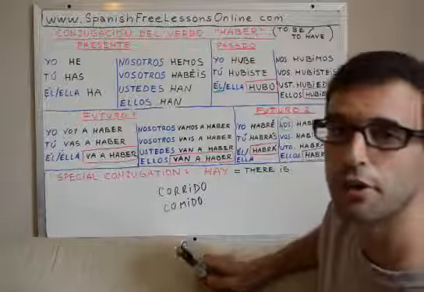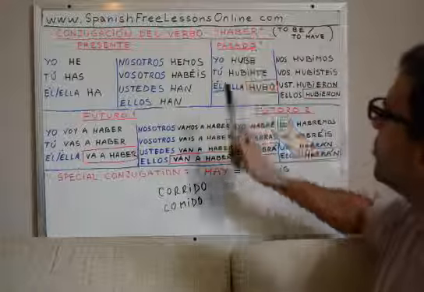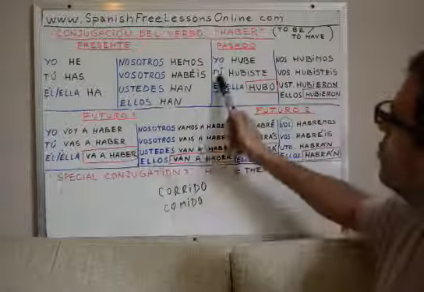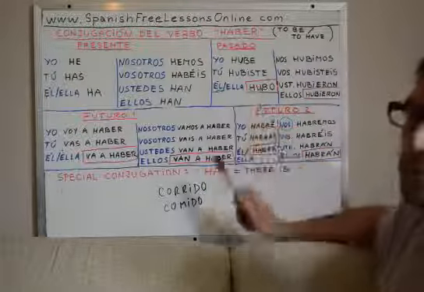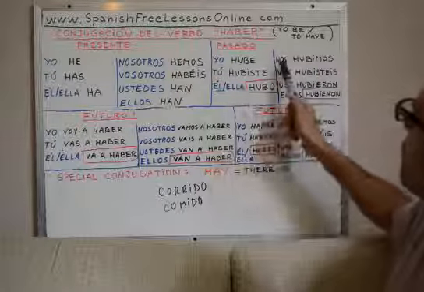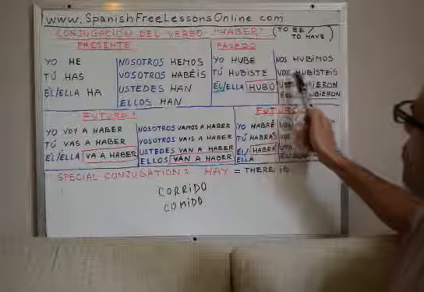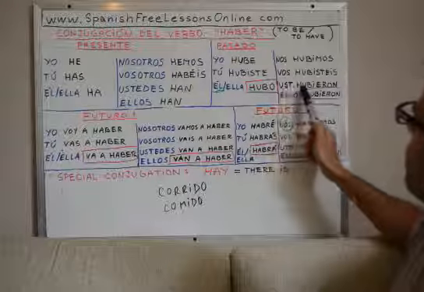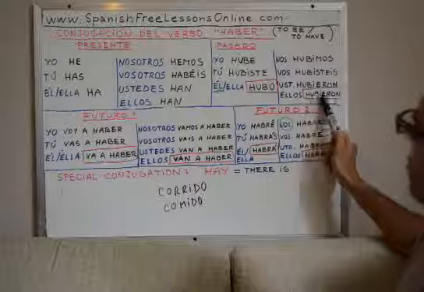Let's see the verb haber in past, in pasado. Yo hube, tú hubiste, él hubo, ella hubo. Nosotros hubimos, vosotros hubisteis, ustedes hubieron, ellos hubieron.